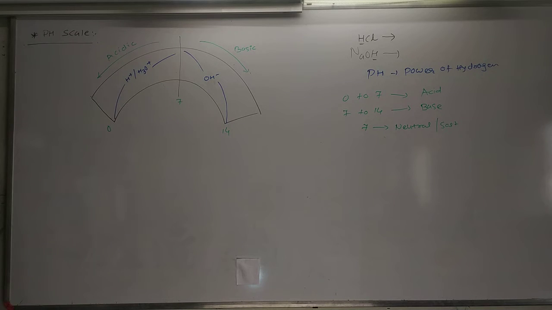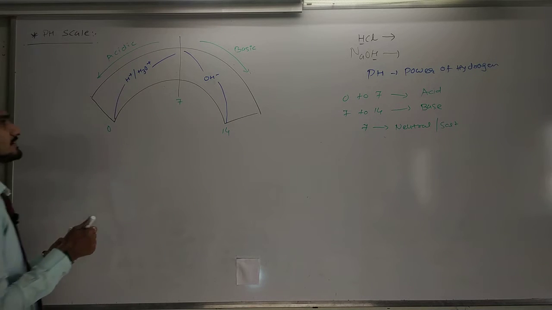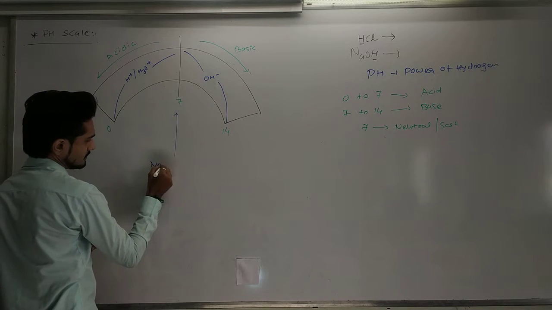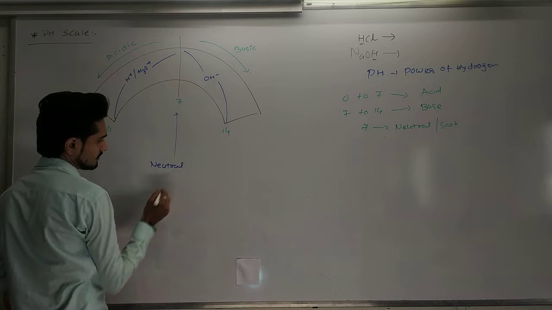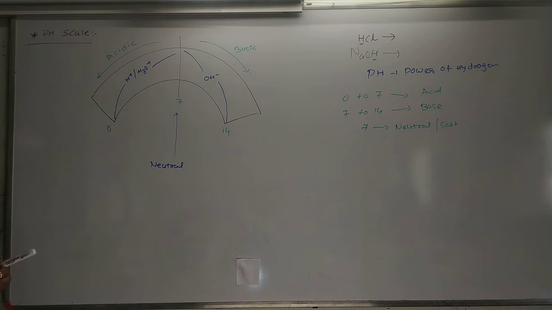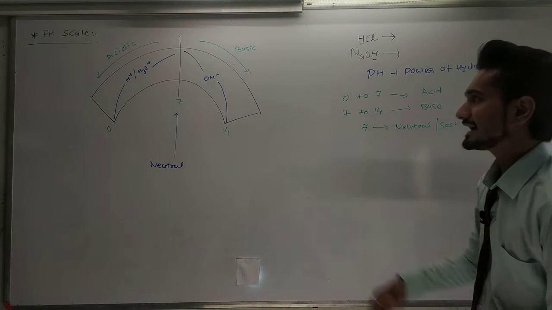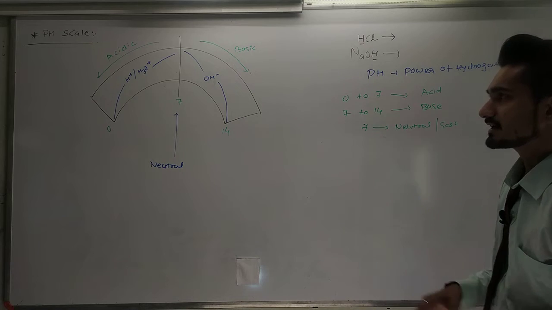Here the value 7 tells us that it is neutral. This way you can draw the pH scale diagram, and also write the diagram's information regarding that.